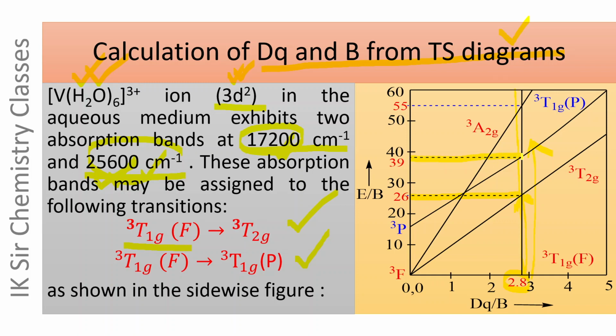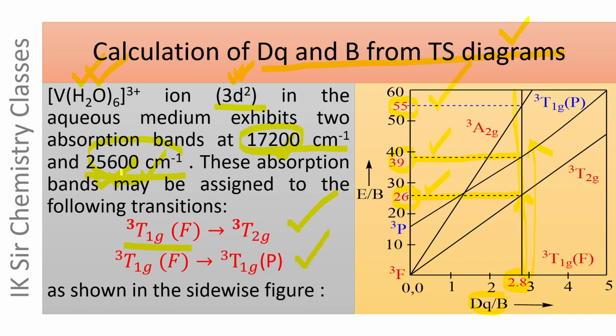If a vertical line is drawn at Dq by B equal to 2.8, then we get the value of E1 by B equals 26, E2 by B equals 39, and E3, the third transition, by B equals 55.